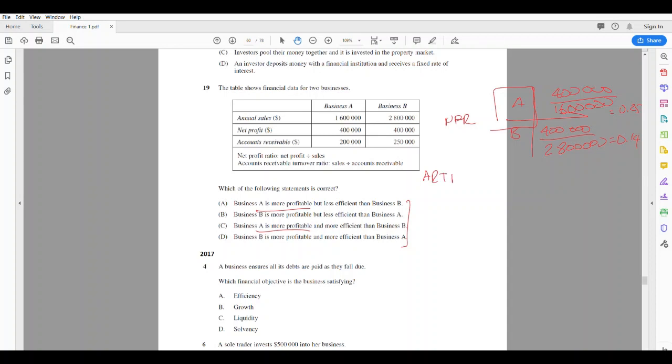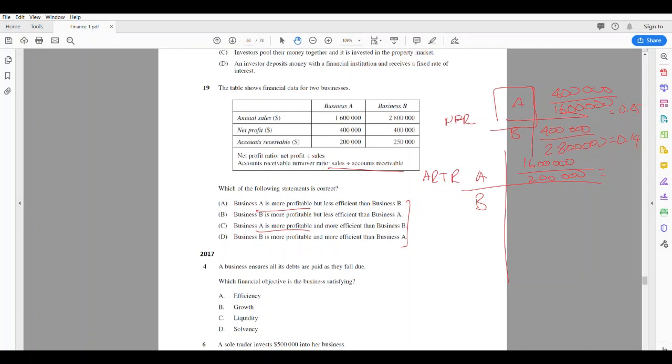Accounts receivable turnover ratio. Do A, do B. So it's sales divided by accounts receivable. It's given to you again. So country A is 1.6 million divided by accounts receivable 200,000.